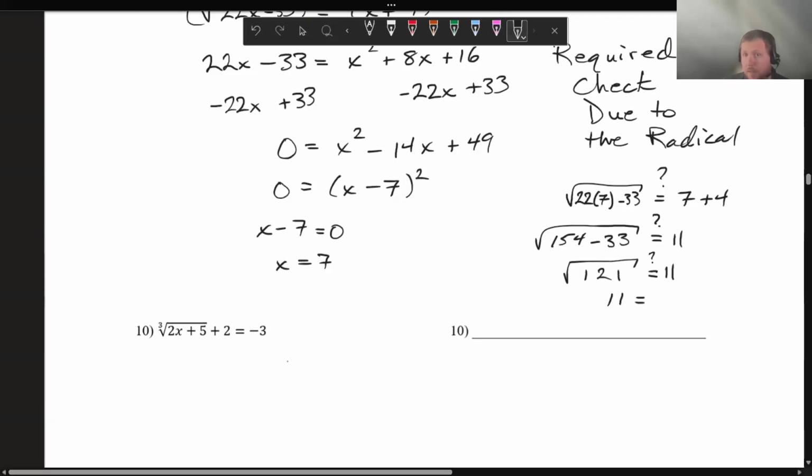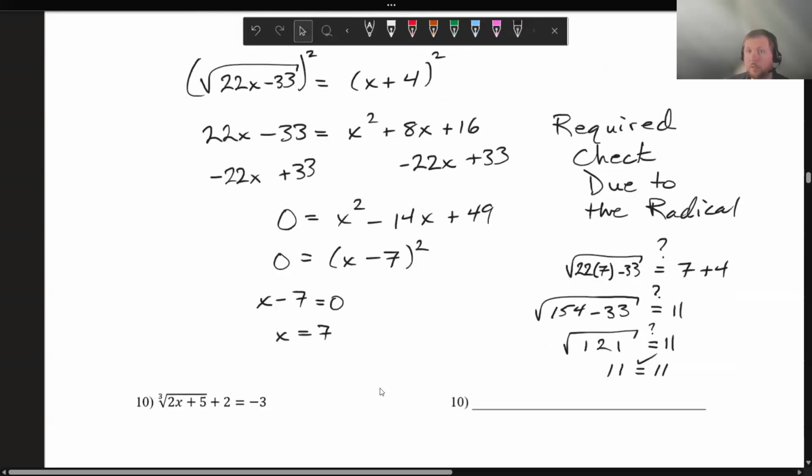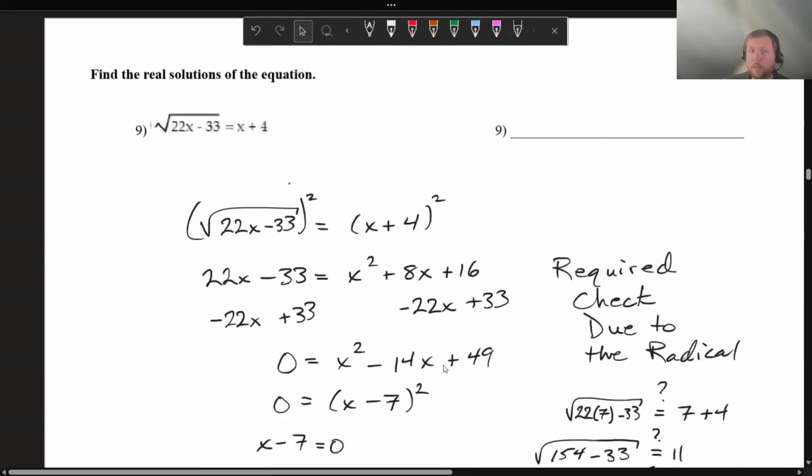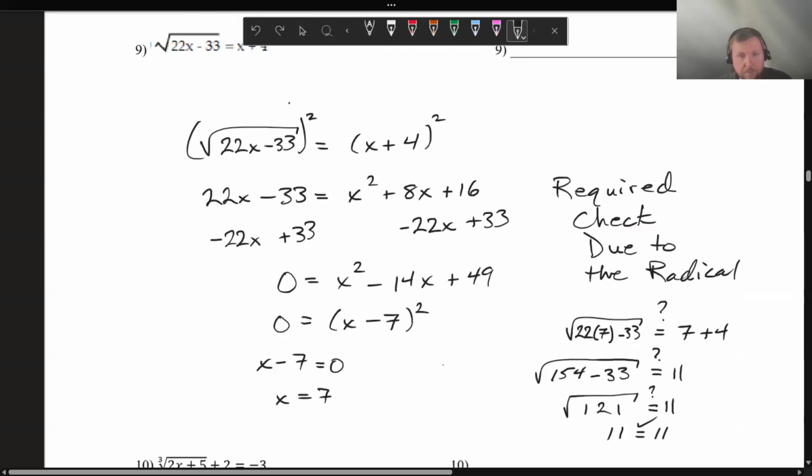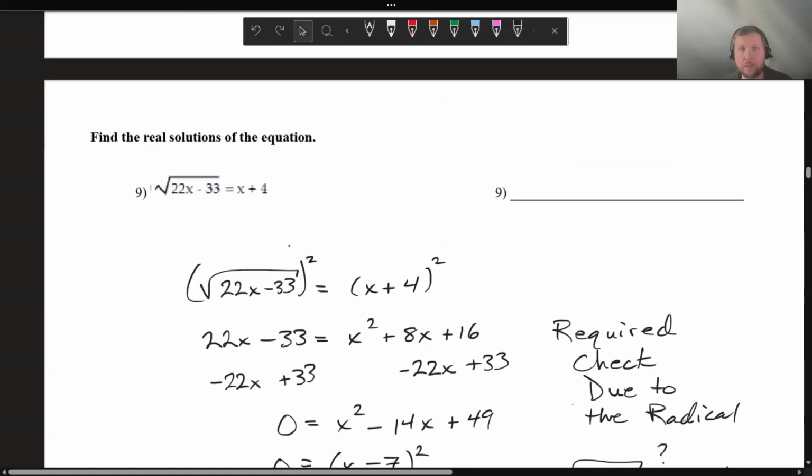It's not plus or minus 11, it's just 11. So I get 11 is equal to 11, which is true. So then we accept this answer here. So my final answer is 7.